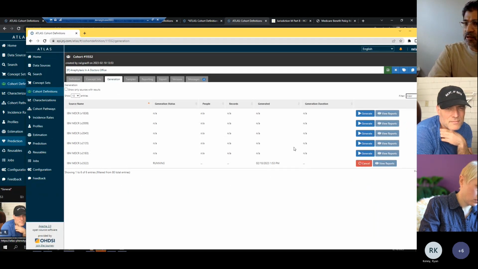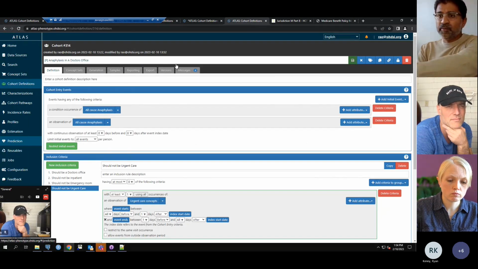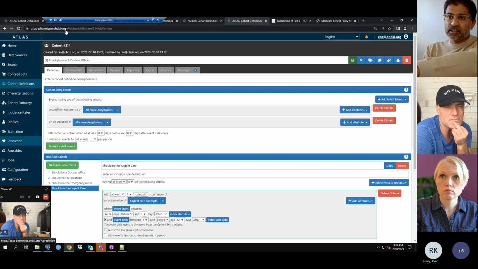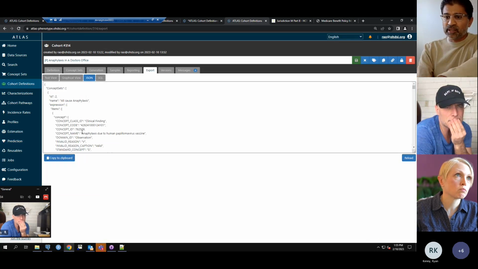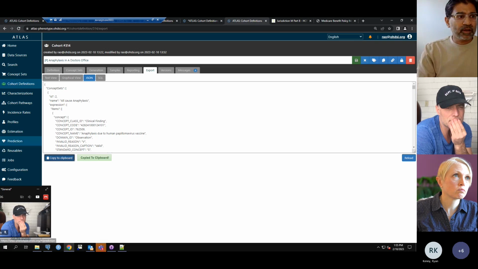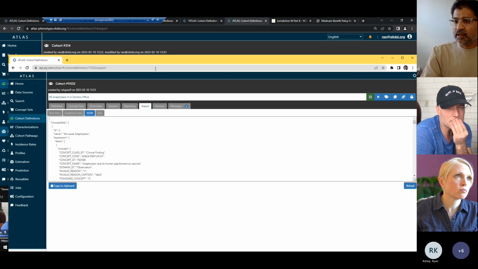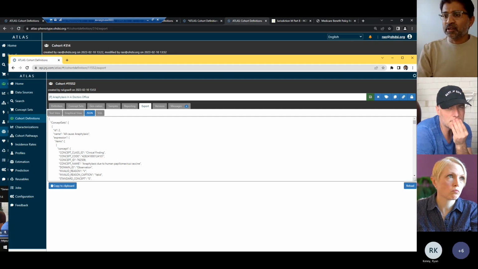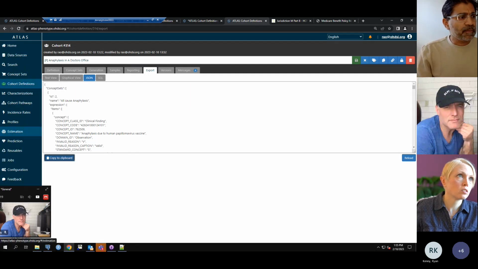So we built it in a public Atlas, this is the odyssey.org. Then I went to this export tab, copied this to clipboard, went into another Atlas instance and pasted that here and reloaded it. That made this fully executable. I'm just pressing that execute button in this Atlas right now.